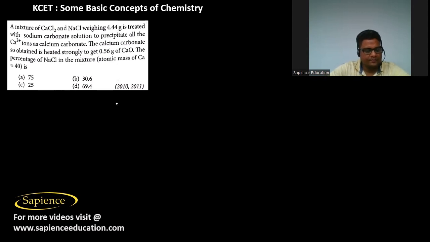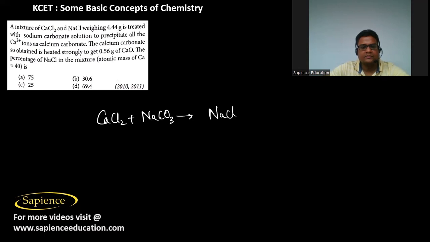Okay, so the mixture of CaCl2 and NaCl, 4.44 gram, is treated with sodium carbonate solution. CaCl2 is treated with sodium carbonate to form NaCl plus CaCO3.